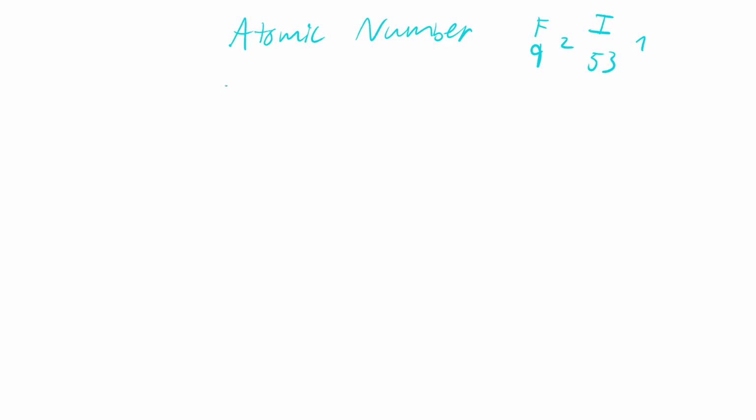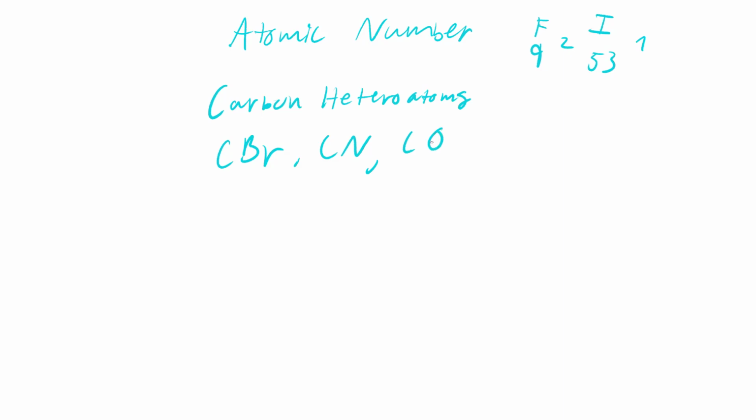And now I'm going to say carbon heteroatoms. That just means that I prefer a carbon that has anything other than a hydrogen. So it could be carbon-bromine, carbon-nitrogen, or even carbon-oxygen.